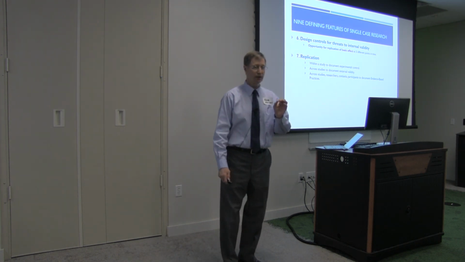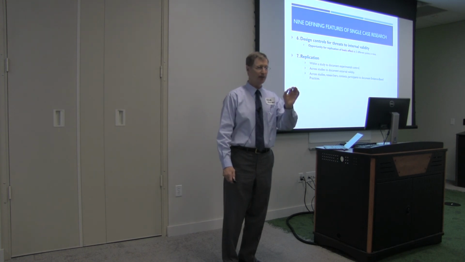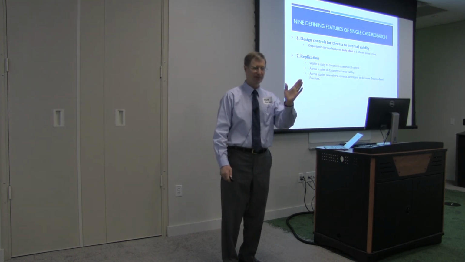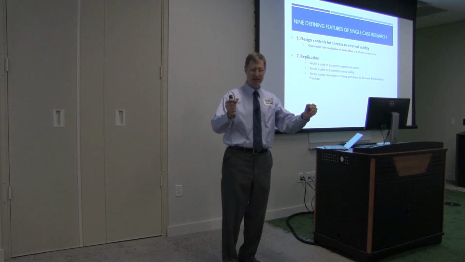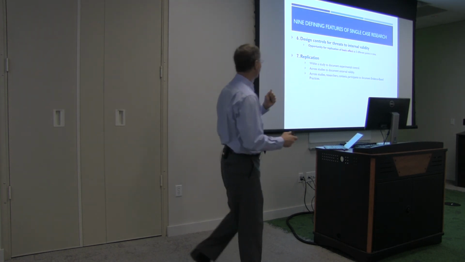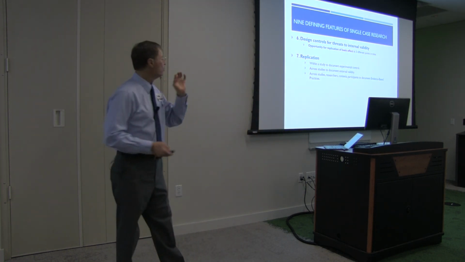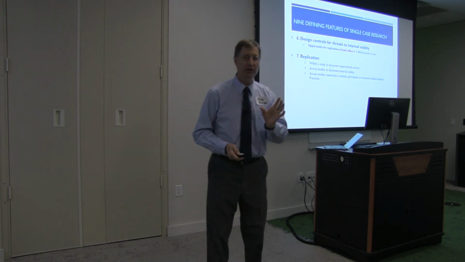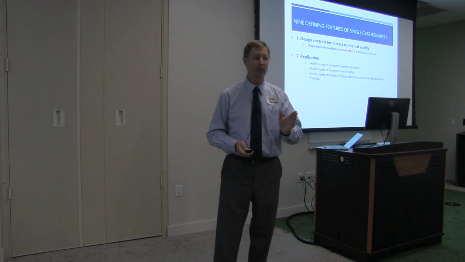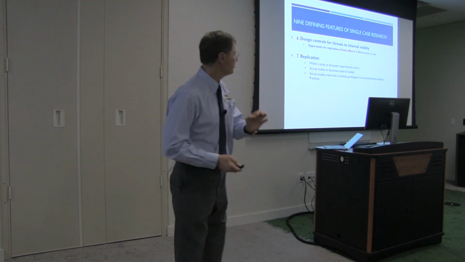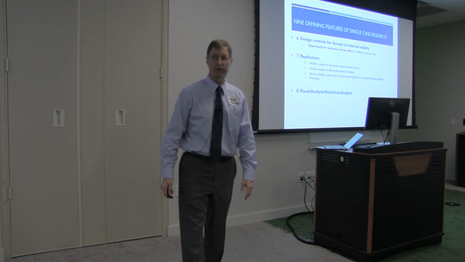So part of what we're looking for, I want you to keep in mind as you look at, yeah, it's getting hot, but that's only because it's really exciting stuff. All right. So design controls for threats to internal validity primarily by looking at replication. And the ways that we do that are going to occur over and over again.